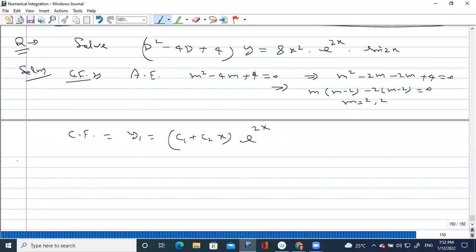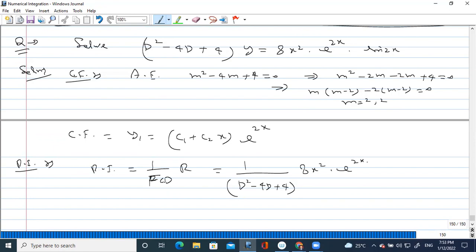Okay, now coming to particular integral part. To find out particular integral, that will be 1 upon f(d) into r. R is lengthy here, but don't worry, 1 upon d square minus 4d plus 4. Here r is 8x square into e to the power 2x into sine 2x. Now with the help of formula, we can get rid of this e to the power 2x, that we can pass through this operator.